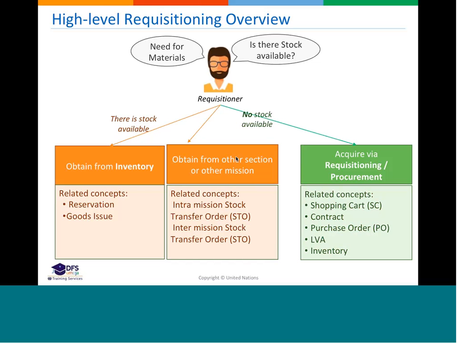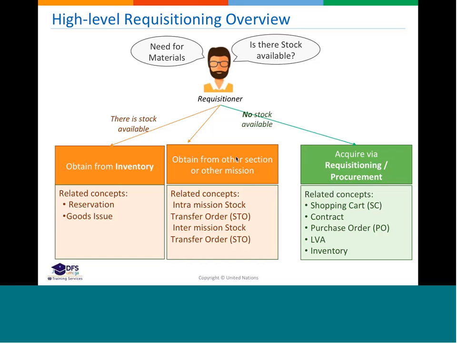Basically, what you will have to advise the requisitioner is to create a shopping cart in certain ways in order to be able to link it at this stage to the project, or later on when we issue materials from inventory. The Umoja documents that will intervene in this process are the shopping cart, the contract, the purchase order, the low value, and also the inventory.